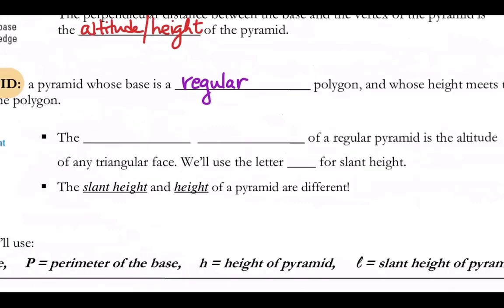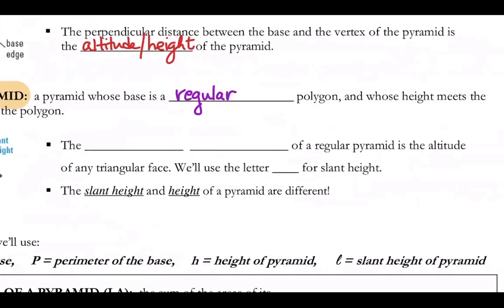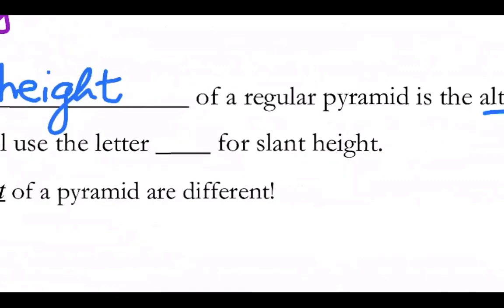So the slant height of a regular pyramid is the altitude of any triangular face. And we use the letter l, a cursive lowercase l, for slant height. I don't really know why, but that's just what we use.